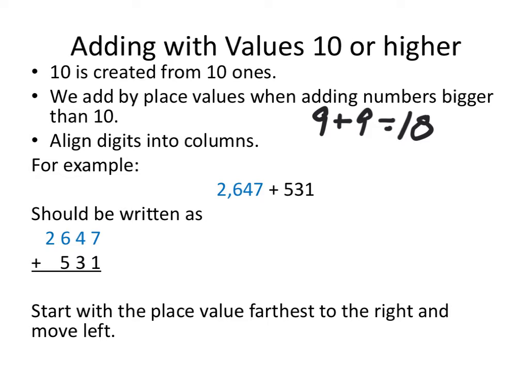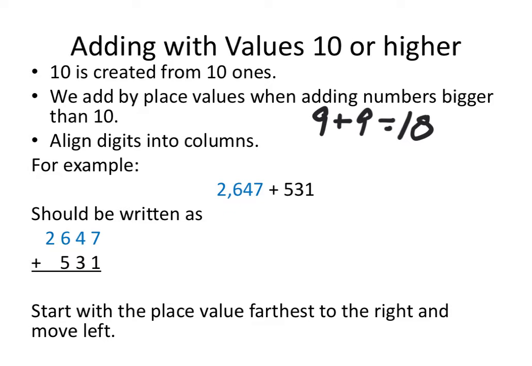But when we set these up, and I probably already jumped the gun on this one, you're writing these out by their place values and aligning them by their place values. That's why it says line the digits into columns. That's columns by place value. So this blue number here, 2,647: 2 in the thousands, 6 in the hundreds, 4 in the tens, and 7 in the ones.